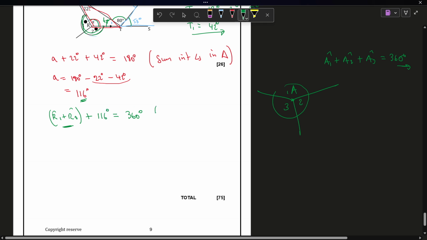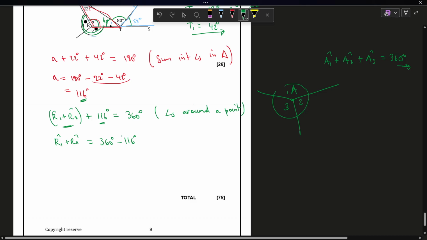And the reason is angles around a point. So the total sum of all angles around the point should give 360 degrees. And now we'll have R1 plus R2 will be equal, so we move this term to that side, so it's going to be 360 degrees minus 116.